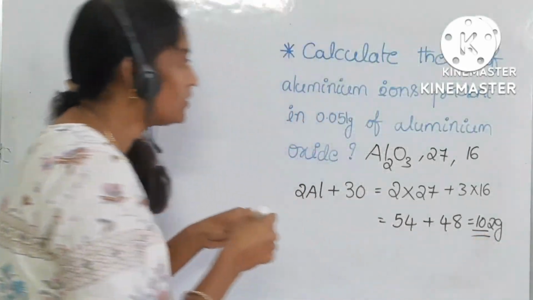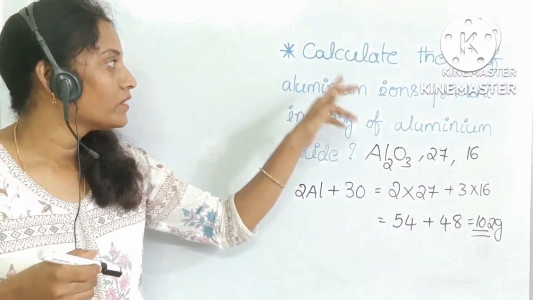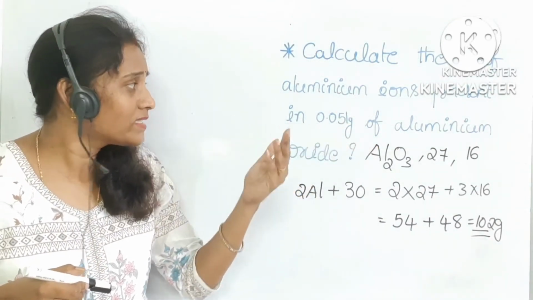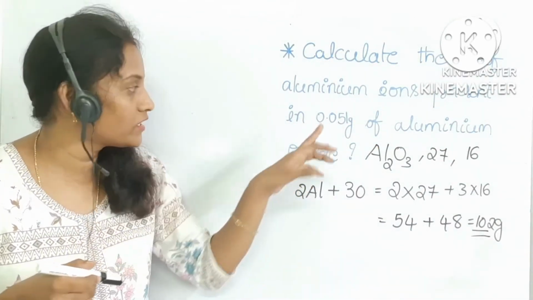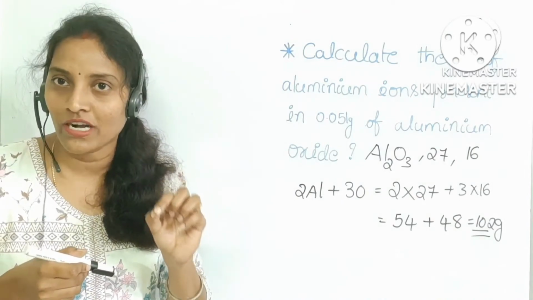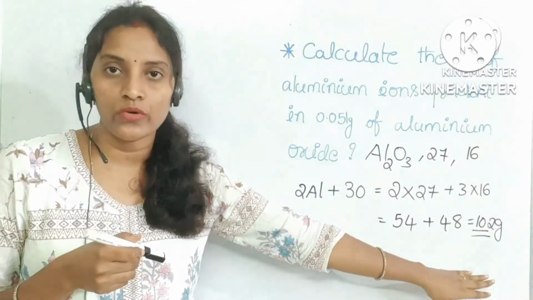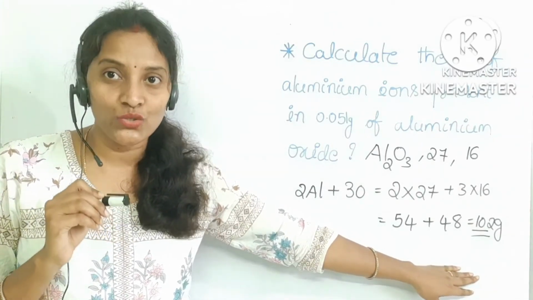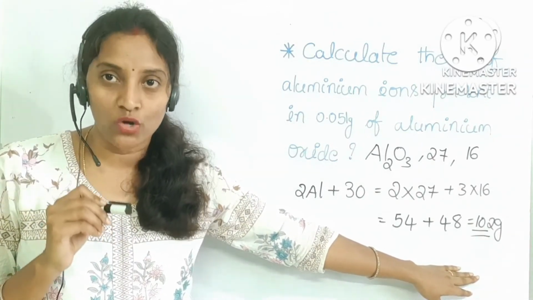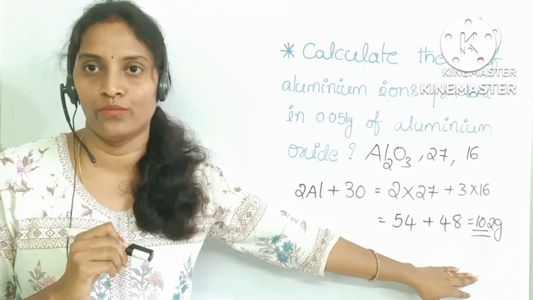Now coming to the problem. What is the number of particles present in 0.051 grams of aluminum oxide? So first of all, you should know that 102 grams of aluminum oxide is equal to 1 mole.